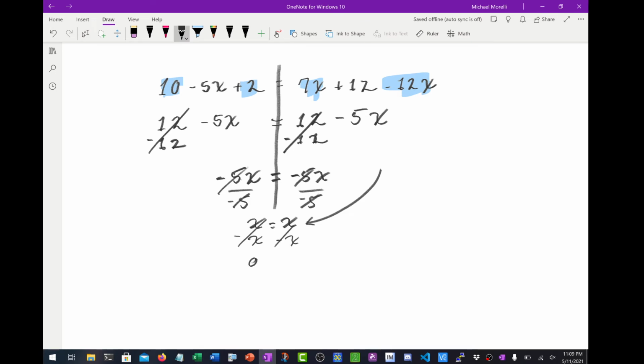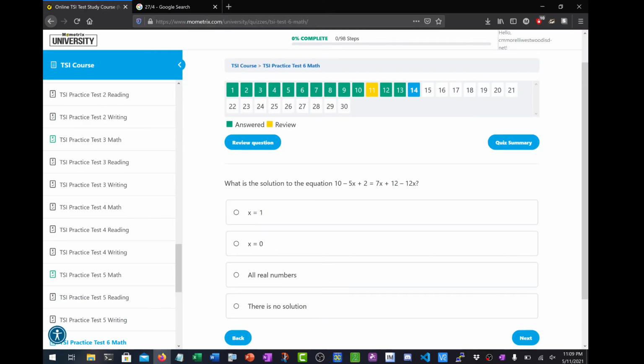And then I'd have 0 equals 0. And the question is, what's going on? So what this means, when you see this, you need to be aware. This means that there are an infinite number of solutions. Okay, so all real numbers would be the correct choice there.